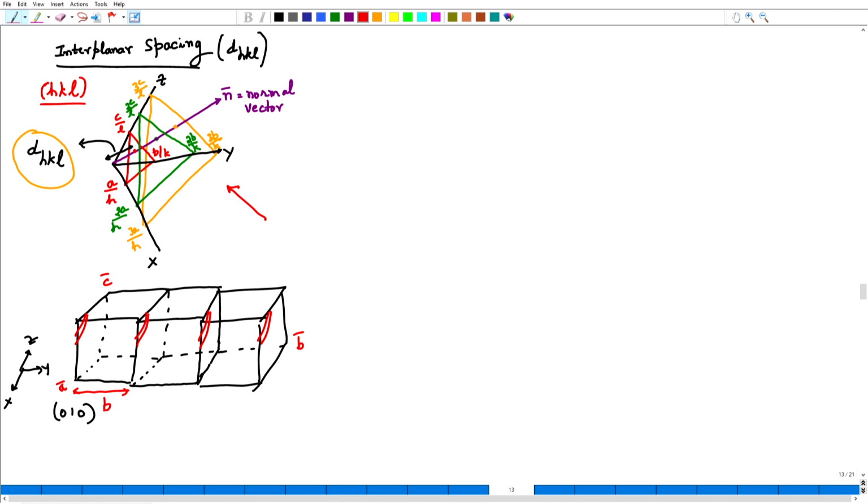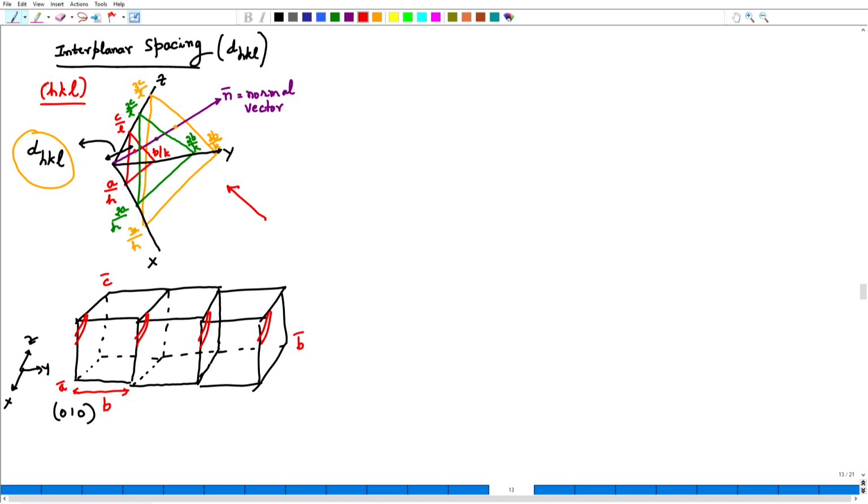Now, what I intend to do is derive a relationship for the interplanar spacing for some HKL plane. Generally, for the cubic system it is the simplest, and as we move away from the cubic system, the relationship becomes more complex, and for the most general case, which is a triclinic crystal, the spacing is the most complicated and very difficult to derive through normal geometrical tools.